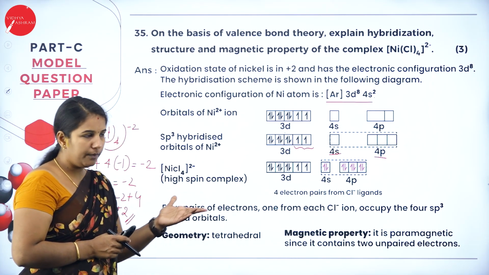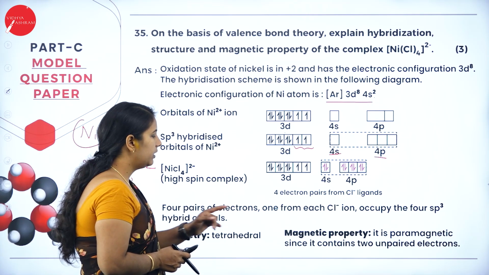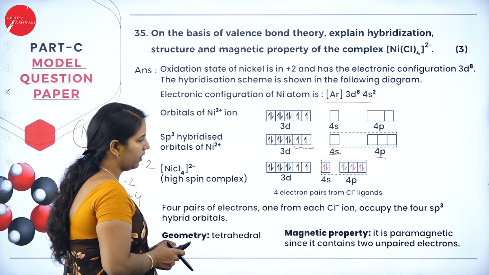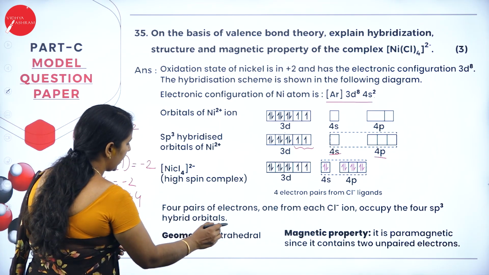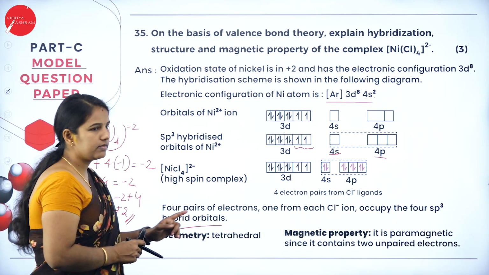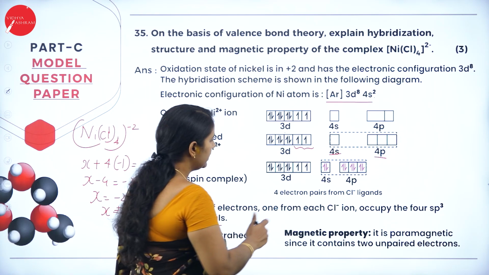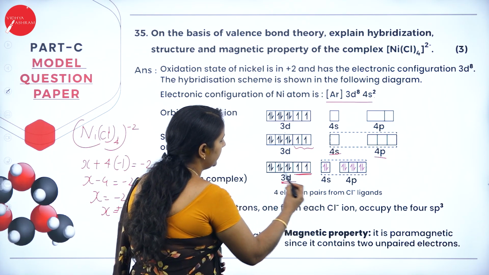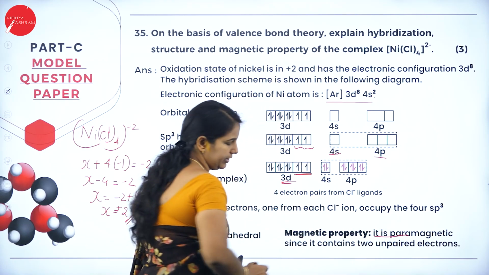You can say 4 pairs of electrons, one from each chloride ion, occupy and form sp3 hybrid orbitals, and it gives what? Tetrahedral shape. And you can see that there are 2 unpaired electrons in the orbitals, hence they are paramagnetic in nature.